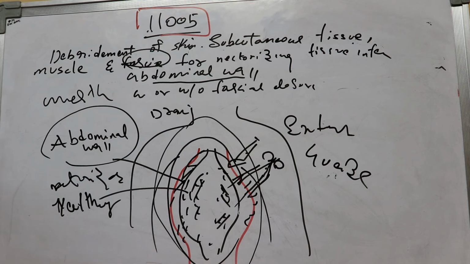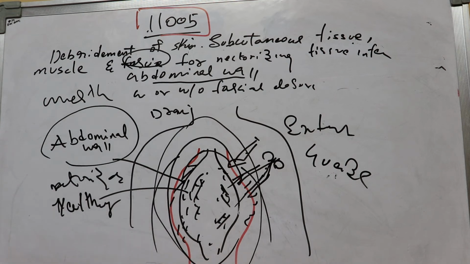Then he applies antibiotics, packs the wound with saline soaked gauze, and he may or may not close the fascia layer of the abdominal wall. So this is the debridement of the necrotized tissue of the abdominal wall.